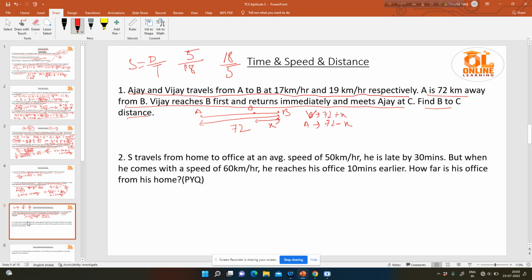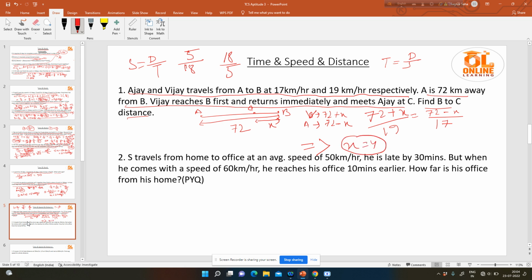As both the times are the same, we know that time is distance by speed. So the distance covered by Vijay would be 72 plus x, by the speed of Vijay, which is 19. And the distance covered by Ajay is 72 minus x, and his speed is 17 kilometer per hour. Now if we solve this, we will have x is equal to 4.